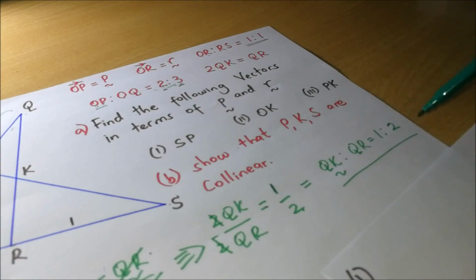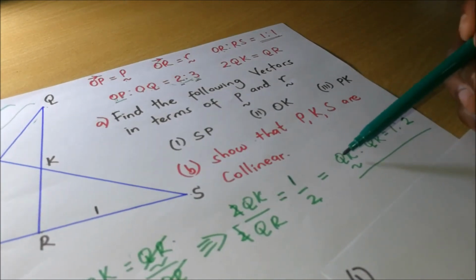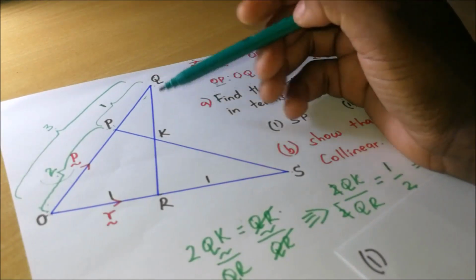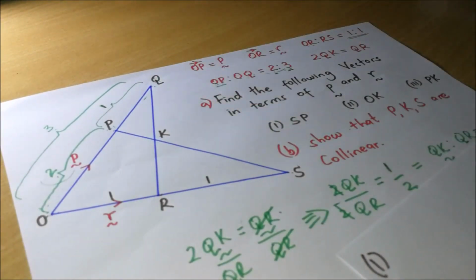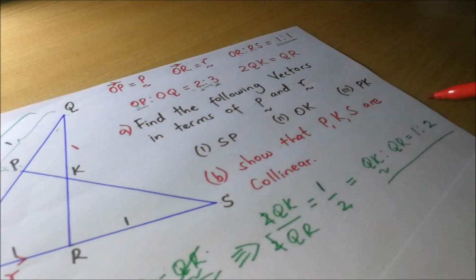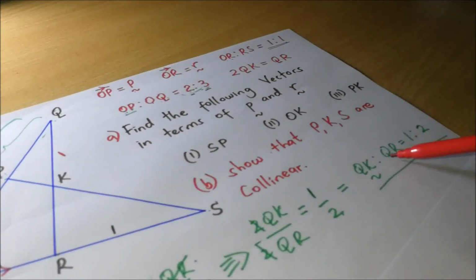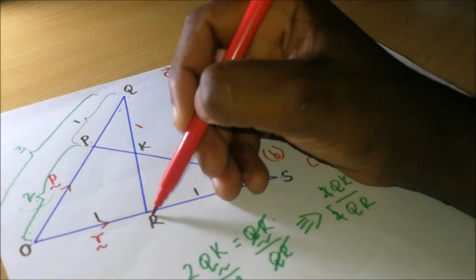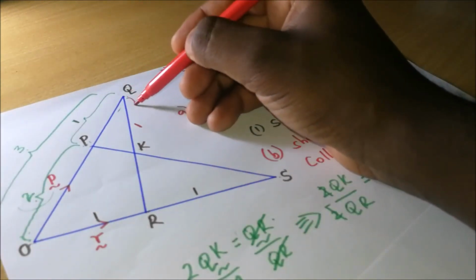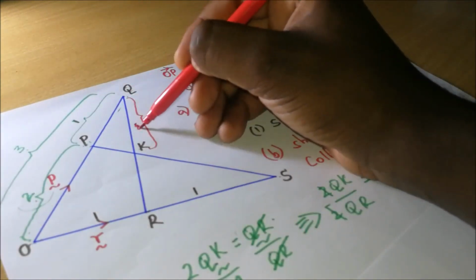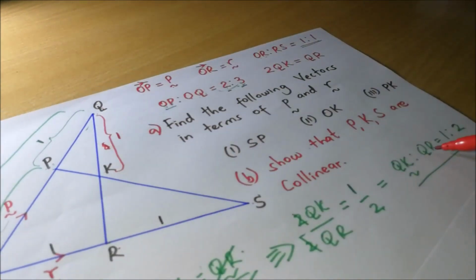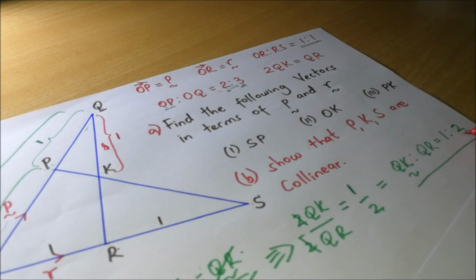So after demystifying it like that, when you come to QK, you say QK has ratio 1. And then QR has ratio 2. So from Q to R, the first one was QK, which was ratio 1, then from Q to R, according to what we have here, QR is 2.